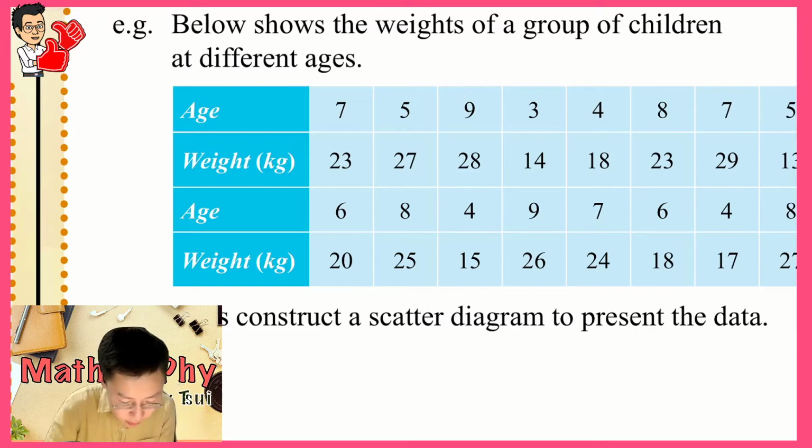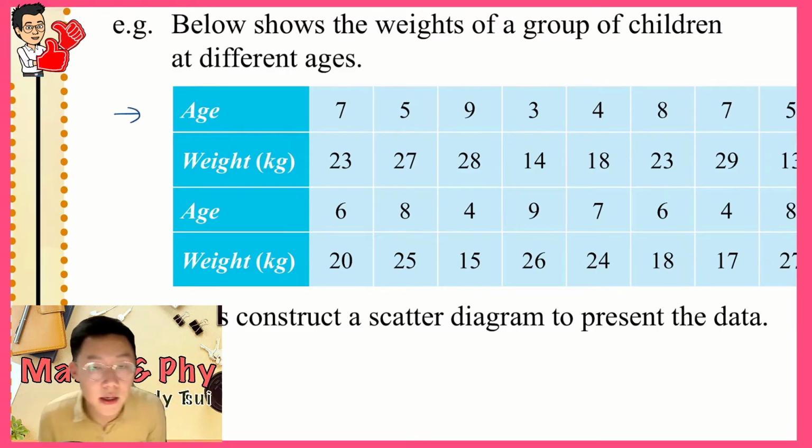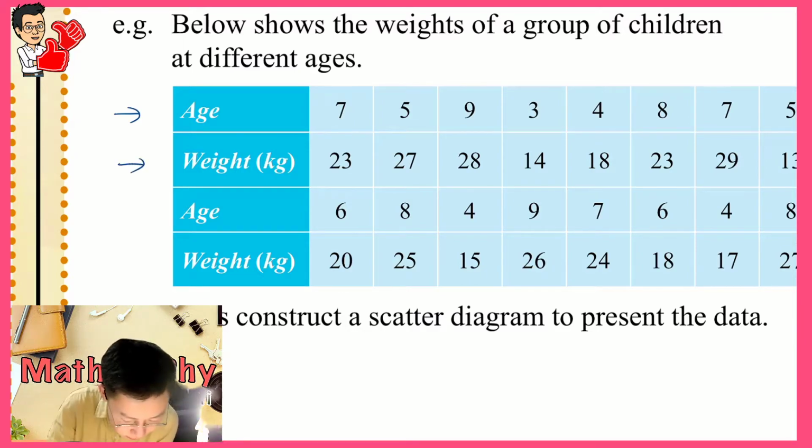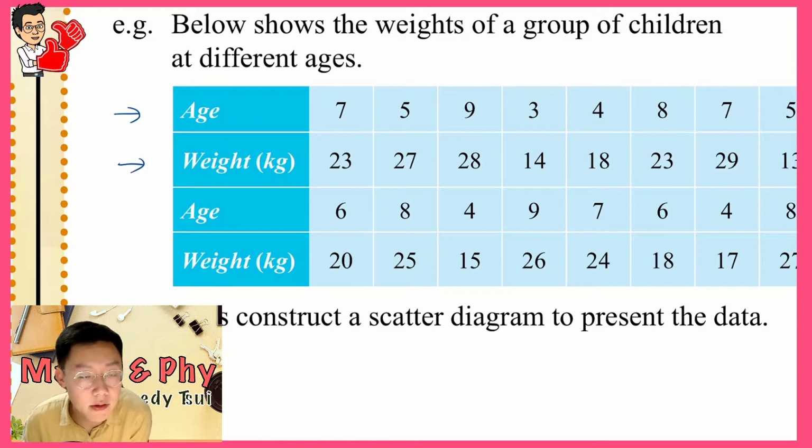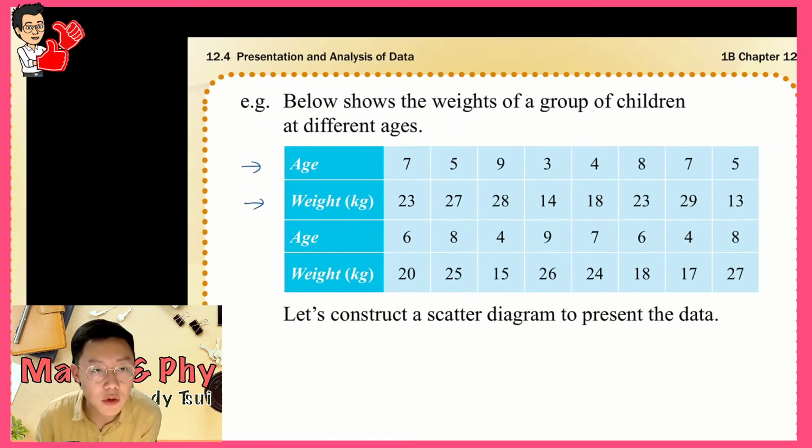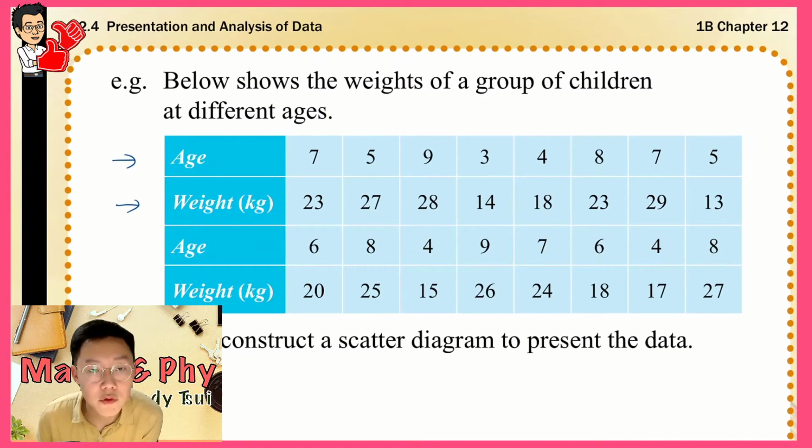For this example, one of the items can be the age and the other is the weight. This question wants you to study the relationship between the weight of a group of children at different ages, and construct a scatter diagram.